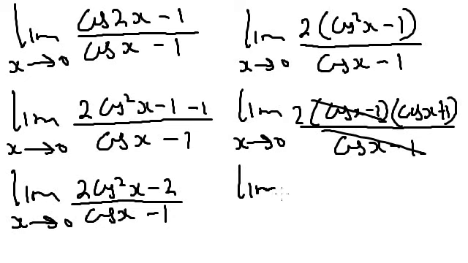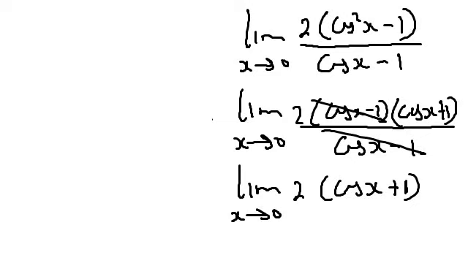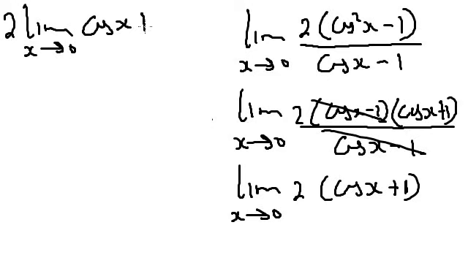Then we have the limit as x approaches 0 of 2 multiplied by cosine x plus 1. Now since 2 is a constant, it can come to the front of the limit, and therefore we now have 2 multiplied by the limit as x approaches 0 of cosine x plus 1.